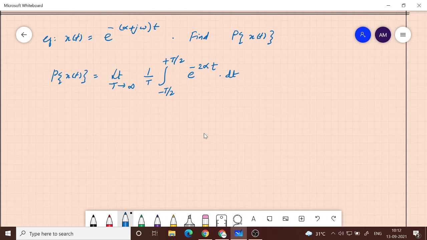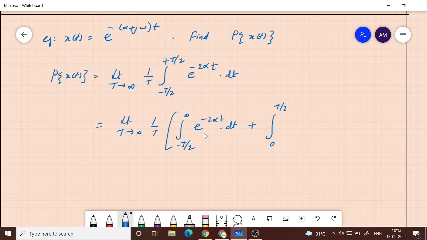So how do we proceed? We need to divide the integral into two parts. So this is limit t tends to infinity 1 by t, integral from minus t by 2 to 0, one part, e raised to minus 2 alpha t dt. Then you have 0 to t by 2, e raised to minus 2 alpha t dt.